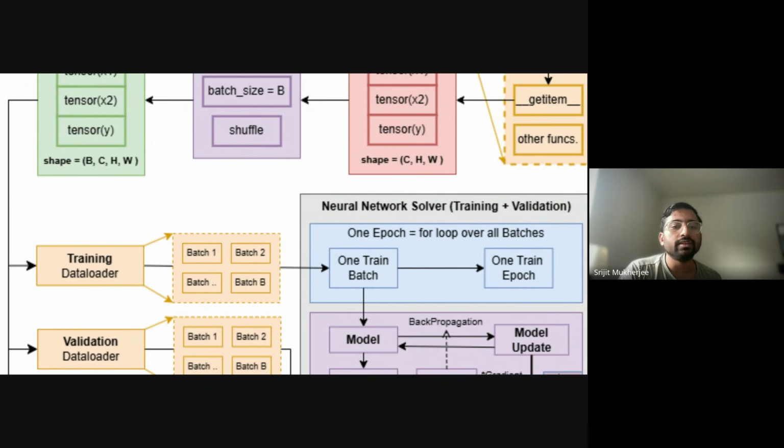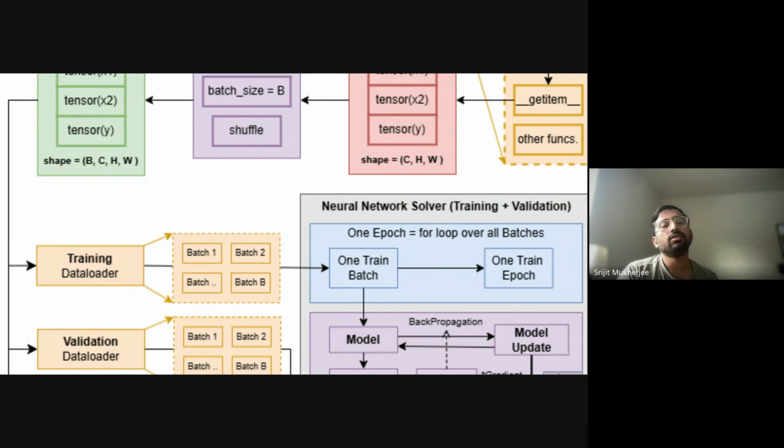Now observe this very carefully. It takes the train loader and val loader. The criterion is the loss function. The optimizer is how you optimize it. The number of epochs is how many epochs you will run. Patience, I will tell you what this is. I have not kept any scheduler. Lambda is a hyperparameter, I will tell you about it.